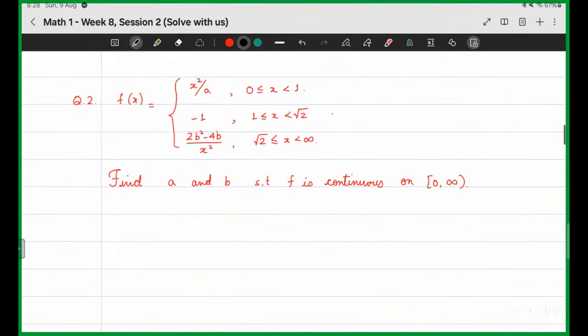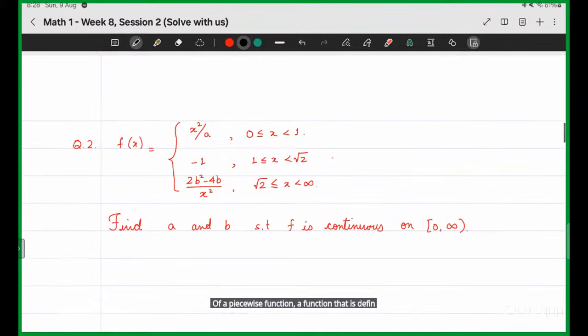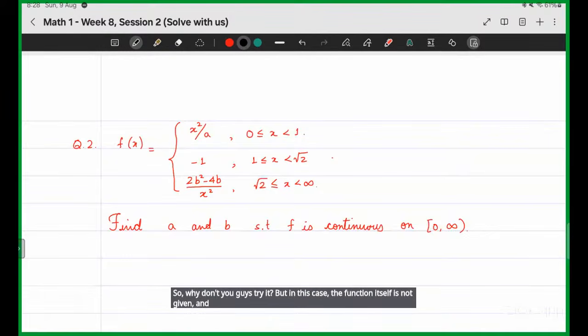So the next question is also a question about continuity. It's also once again finding the limit of a piecewise function, a function that is defined differently in different parts. So why don't you guys try it? But in this case, the function itself is not given, and it's not asked what are the points of discontinuity.